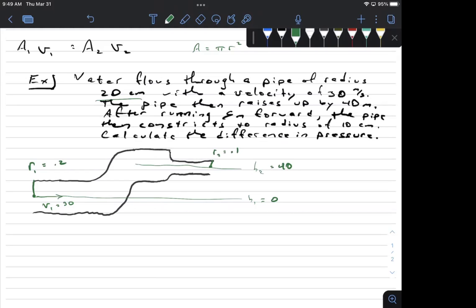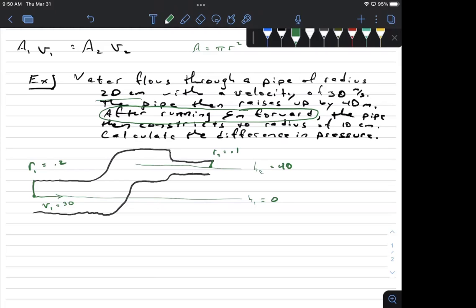Now notice this part of the question. After running 5 meters forward, this information is completely meaningless to us. I don't care how far, how straight the pipe system goes. I don't care if the pipe goes 150 meters forward before it goes up in the air. That stuff doesn't matter. The only things that matter for Bernoulli's equation are the actual pressure, how fast the fluid is moving, or the size of the pipe, and how high up the pipe goes.